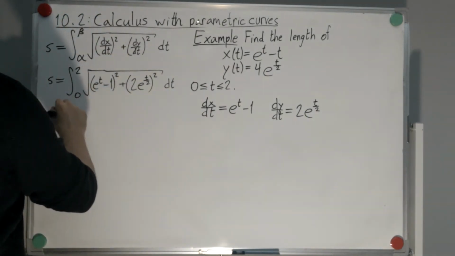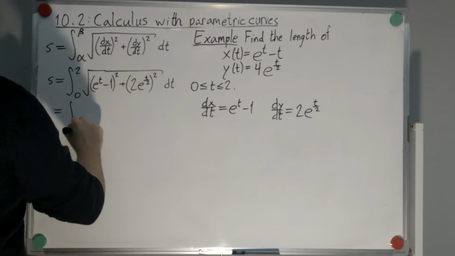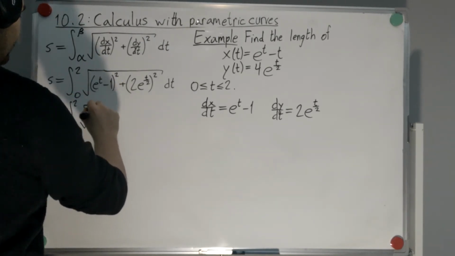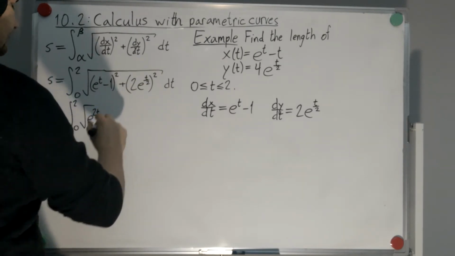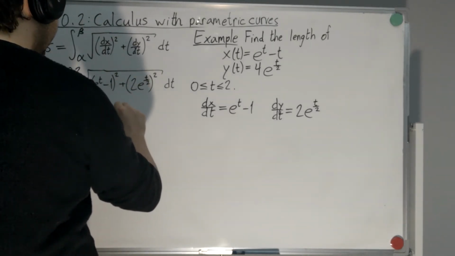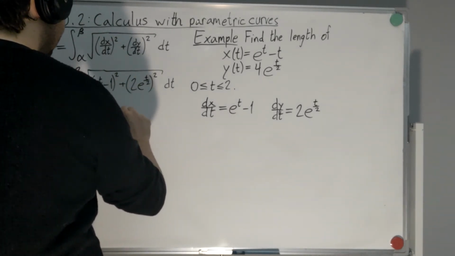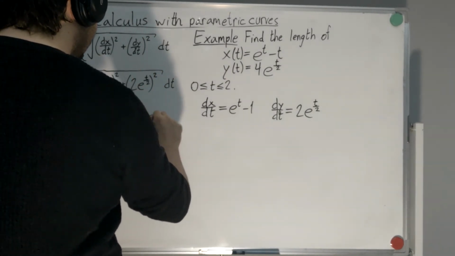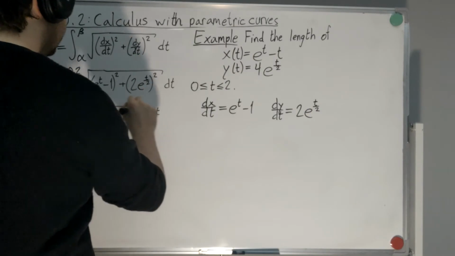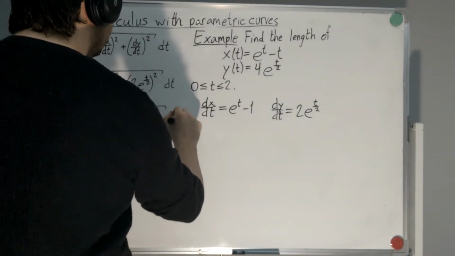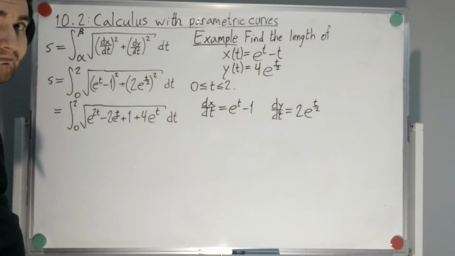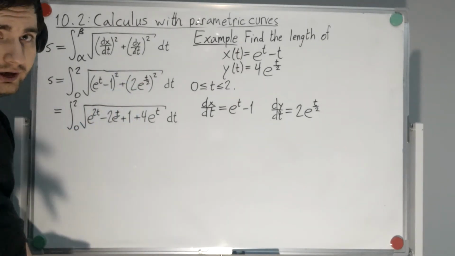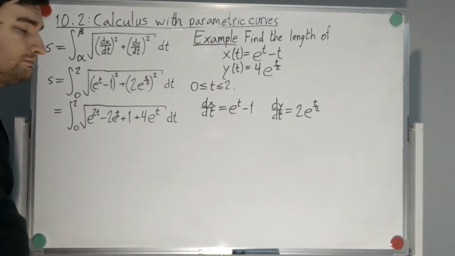So you square these, this becomes the integral from 0 to 2 of the square root of e to the 2t minus 2e to the t plus 1 plus 4e to the t. Right, because when you take e to the t over 2 and you square it, you multiply the exponents.